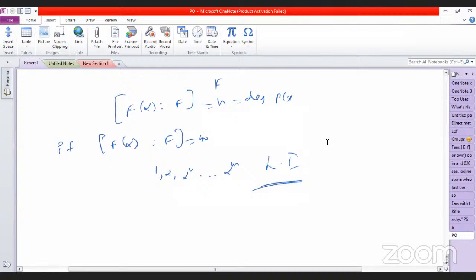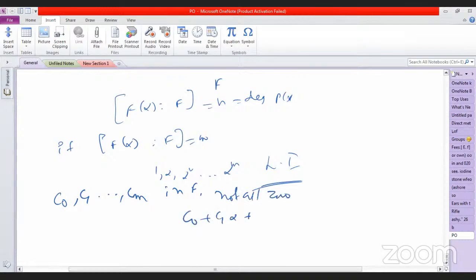So there is a linear dependence among these m plus 1 elements. So you can write constants C0, C1, up to Cm, not all 0, such that C0 plus C1 alpha plus up to Cm alpha to the power m is equal to 0.